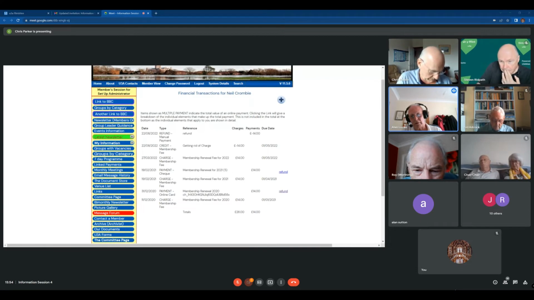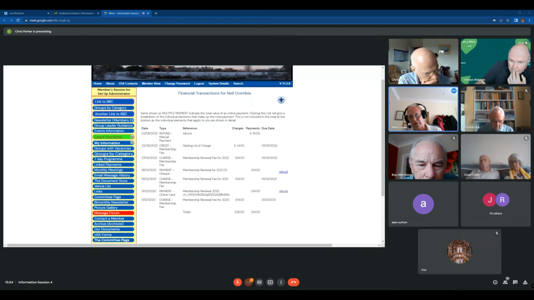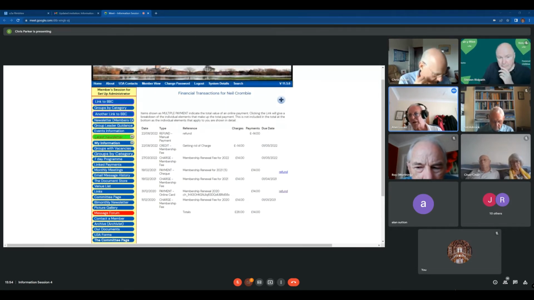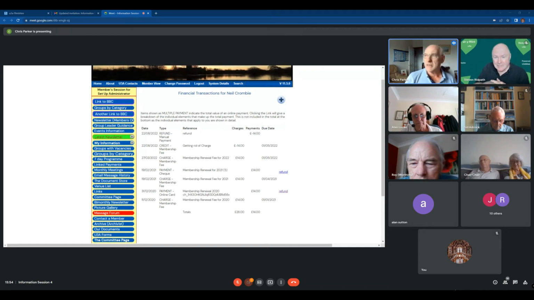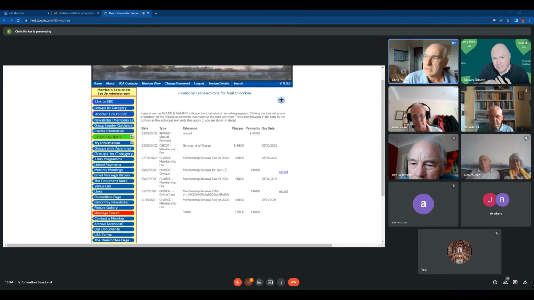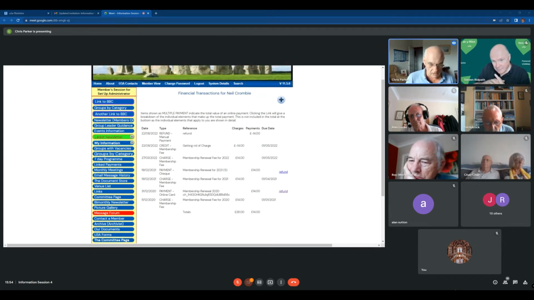We did a lot of these a couple of weeks back, and all we did, we put in internal transfer, I think is one of the options, and then in the description or whatever, no cash changed hands, system tidy up. Yeah, well, an internal transfer, the idea of that was when you are transferring from one member to another. It uses that for when you get a multiple payment, for instance, where you've got linked payments together.